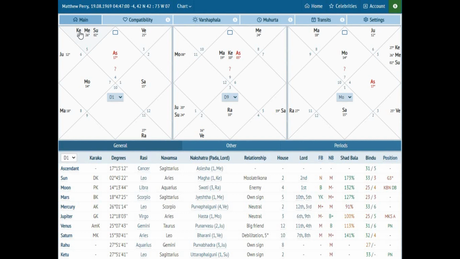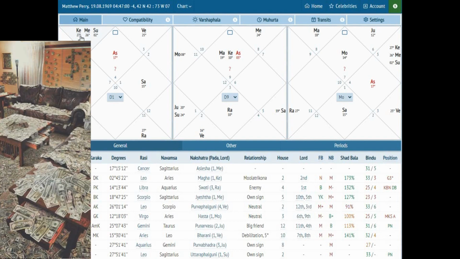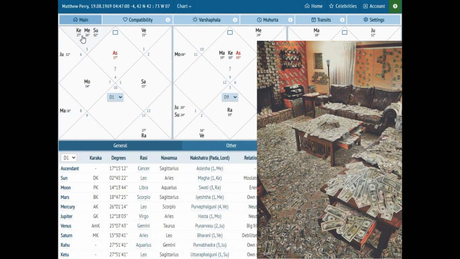And also we have the planet Ketu. You can have this planet anywhere in your chart, but here it means that this person can easily make money. This is like a talent that you have from your past life.